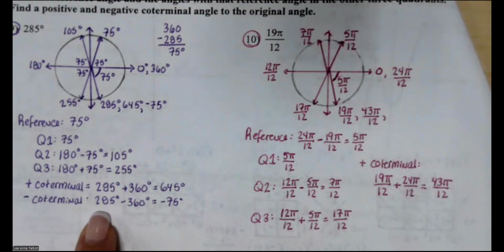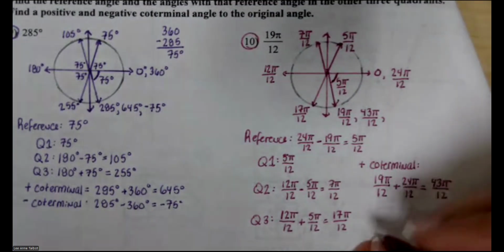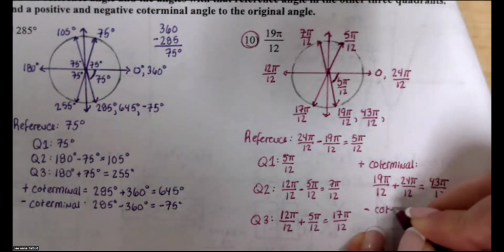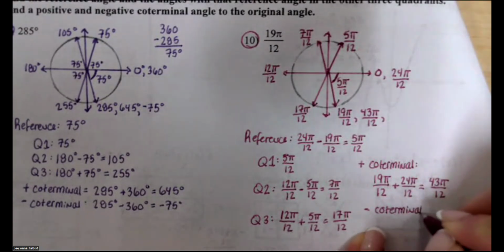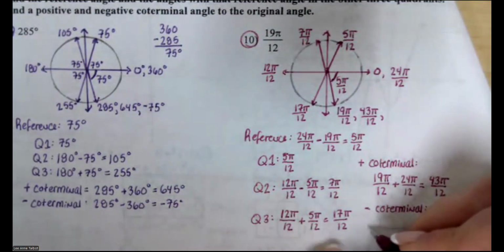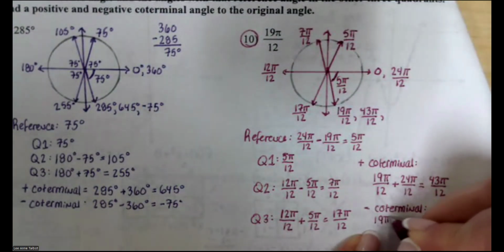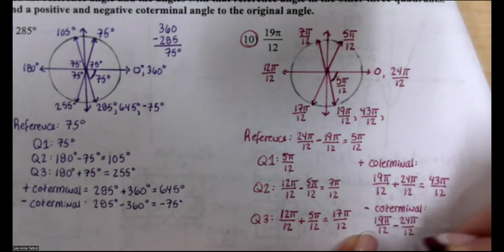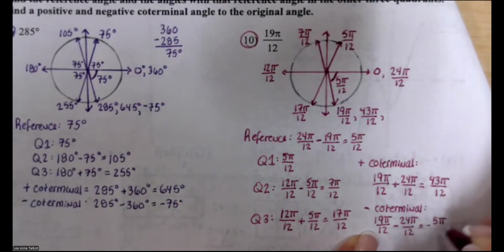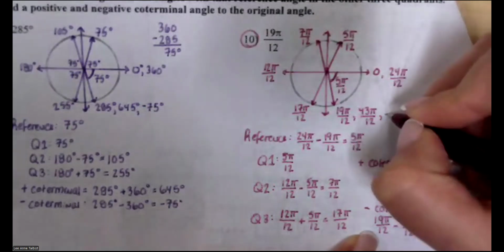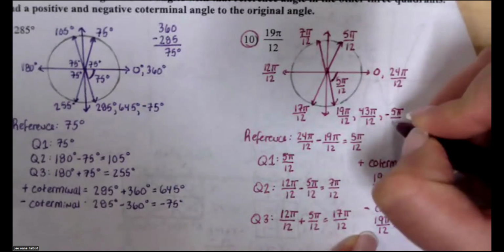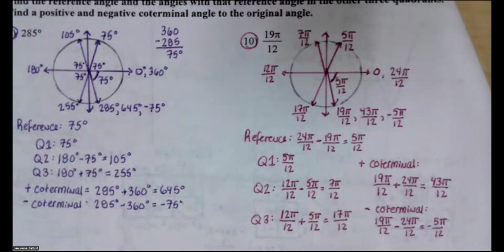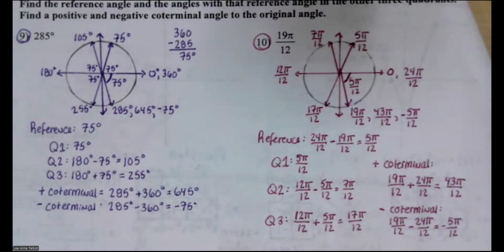Okay, last thing. Negative coterminal. I took my original angle and subtracted 360. I think you guys tell me what you think.